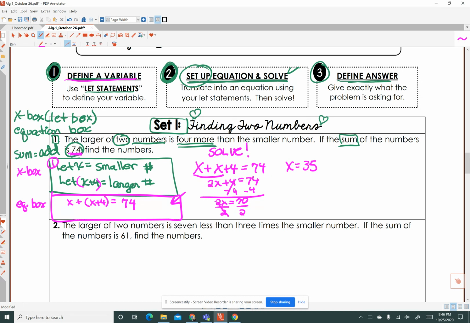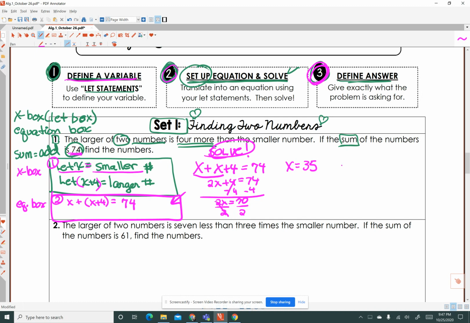This was step 1. We set up the equation and solved it. We set it up right here and we solved it over here. Now we need to define the answer. So what does this mean, x equals 35? Well, 35 is going to be the smaller number because x equals the smaller number.